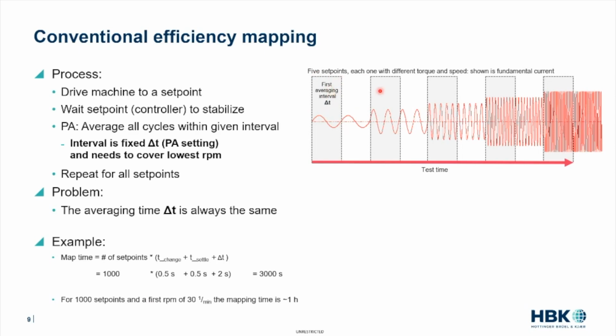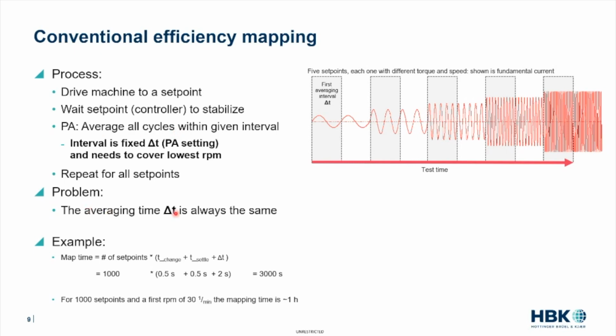And then you use the same averaging interval over and over again to measure at different set points. That's how each and every power analyzer nowadays works. You drive the machine to a set point, you wait for the set point to stabilize, you average all the cycles within that interval, and you repeat that.